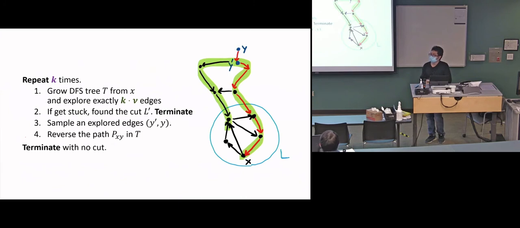Is the algorithm clear? What do you mean by get stuck? By get stuck, I mean that you cannot explore k new edges.